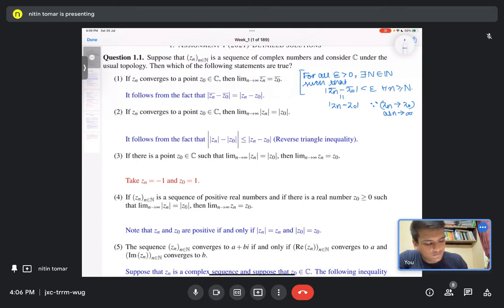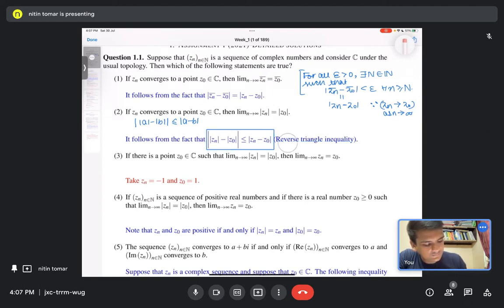I hope you know the reverse triangle inequality, which says the modulus of mod A minus mod B is less than or equal to mod of A minus B. Now if we apply this reverse triangle inequality, then we'll get this.